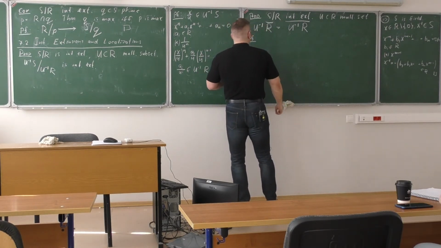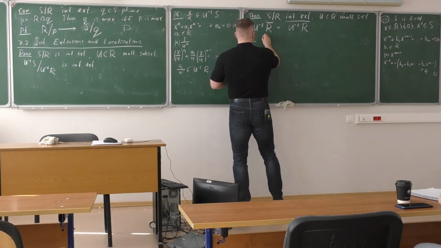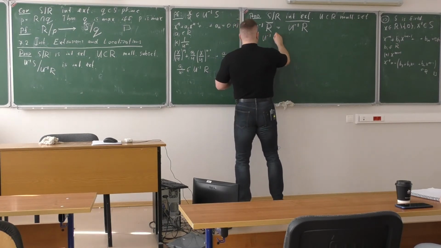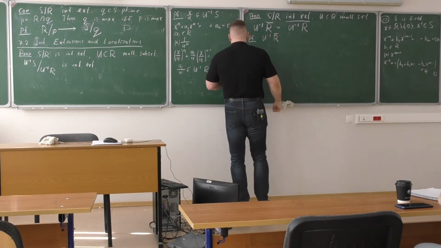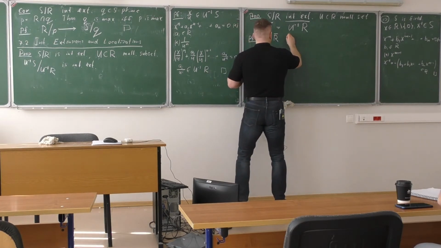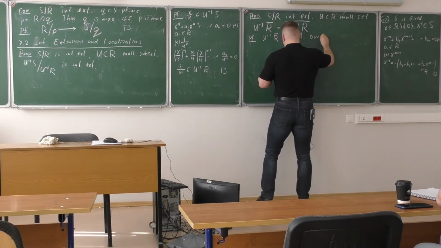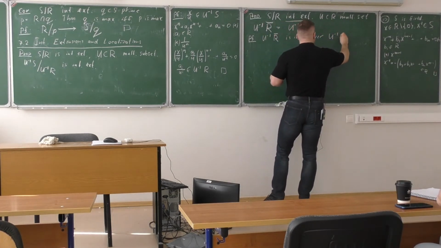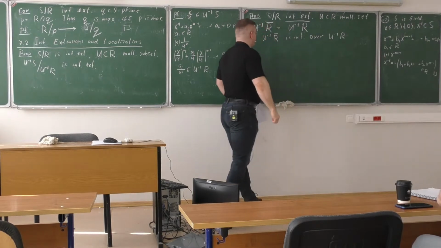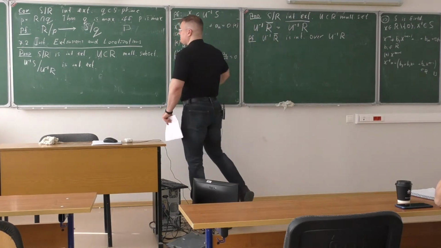Okay, so first of all, we already know something. If I consider the localization of the integral closure, this is integral over the localization of R. This is by the previous proposition.